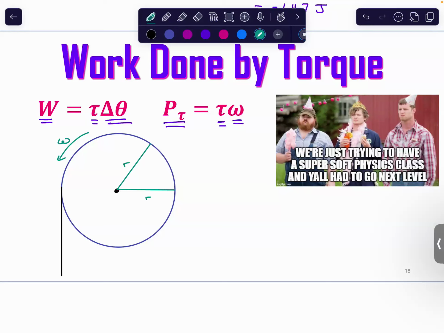We have the radius. Now we know that as this disk rotates, it's going to move through an angle delta theta. And then at each individual little point, where the radius touches, we're going to have perpendicular forces.